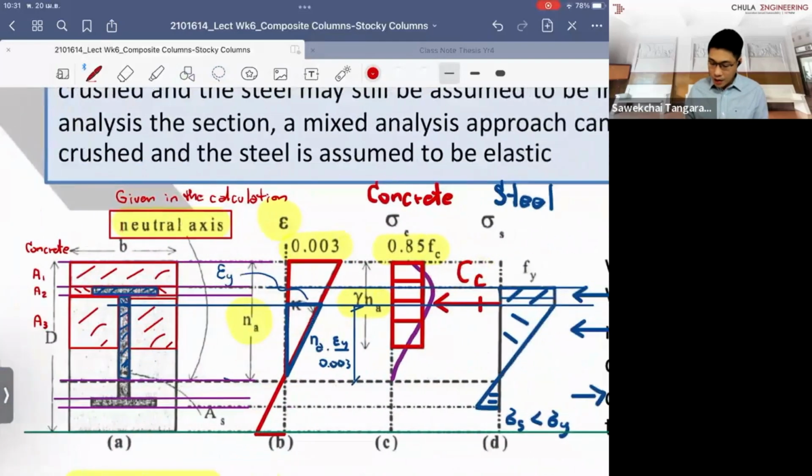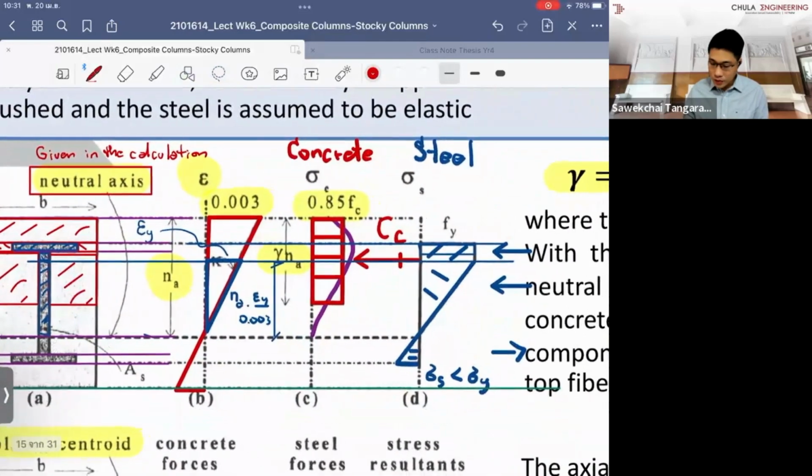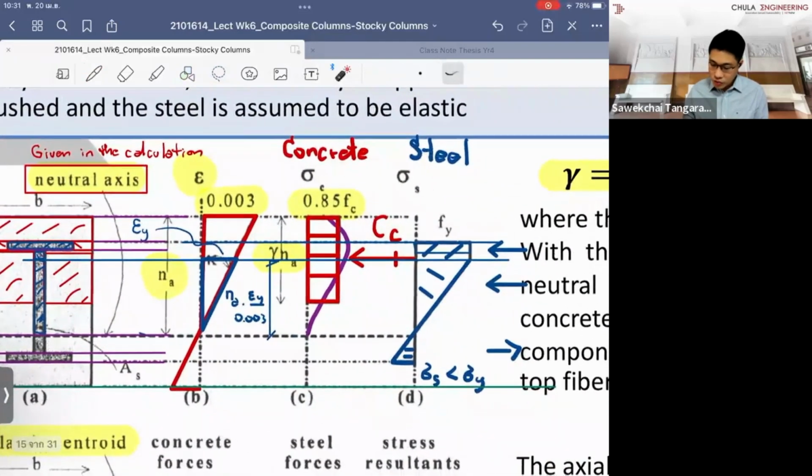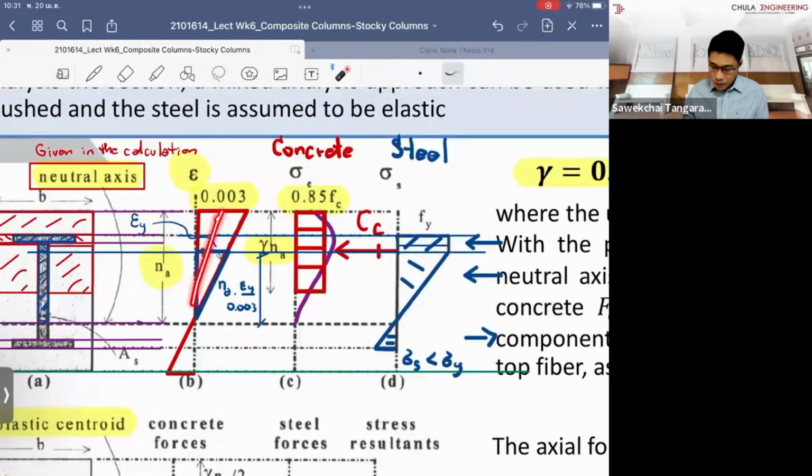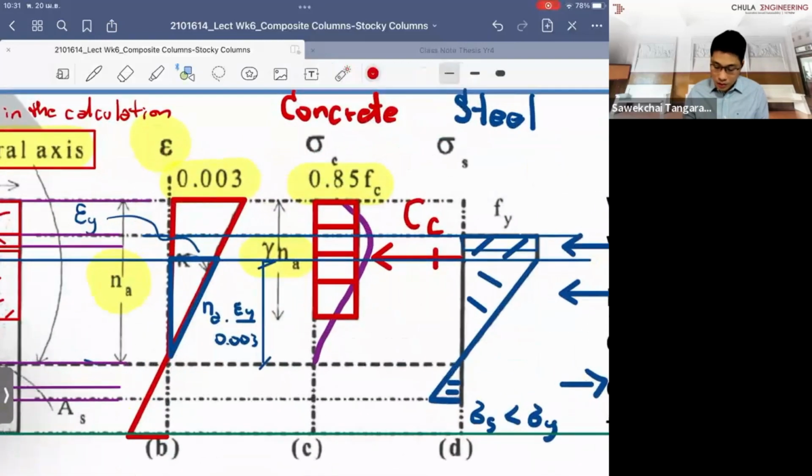And if we fix the neutral axis, with the same neutral axis, I bend the section of the column. The more I bend the section of the column, it starts from this, and I keep bending until it reaches the ultimate strength that we allow to develop in the concrete.